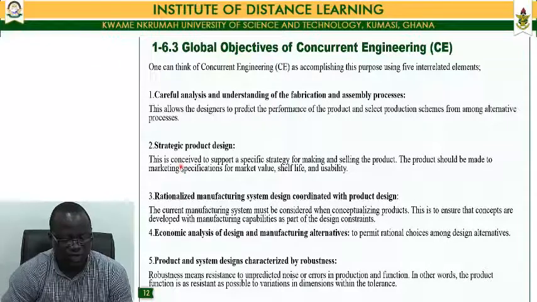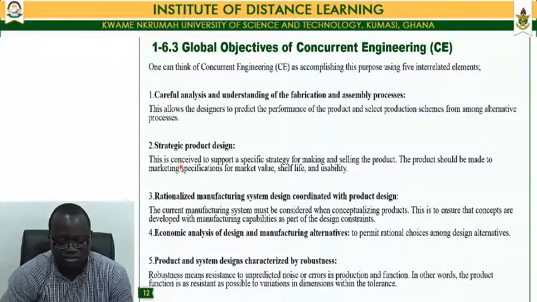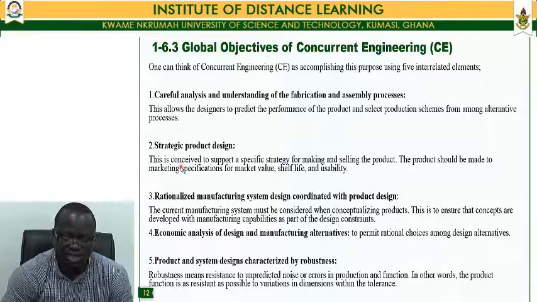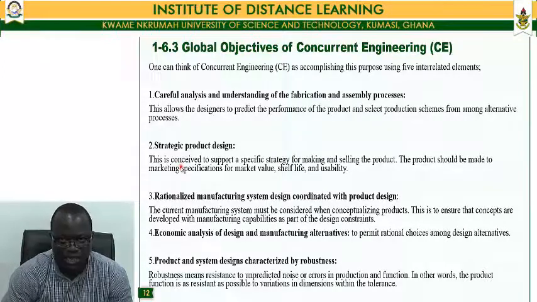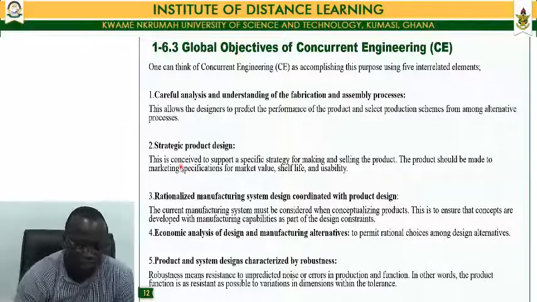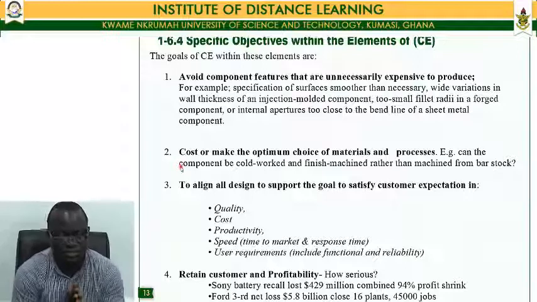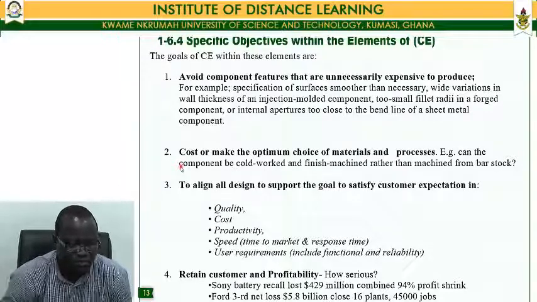And of course, this rationalized manufacturing system, which is designed and coordinated with the product design, and economic analysis of the design and manufacturing alternatives, which will permit rational choices. The product and system design have to be characterized by robustness.